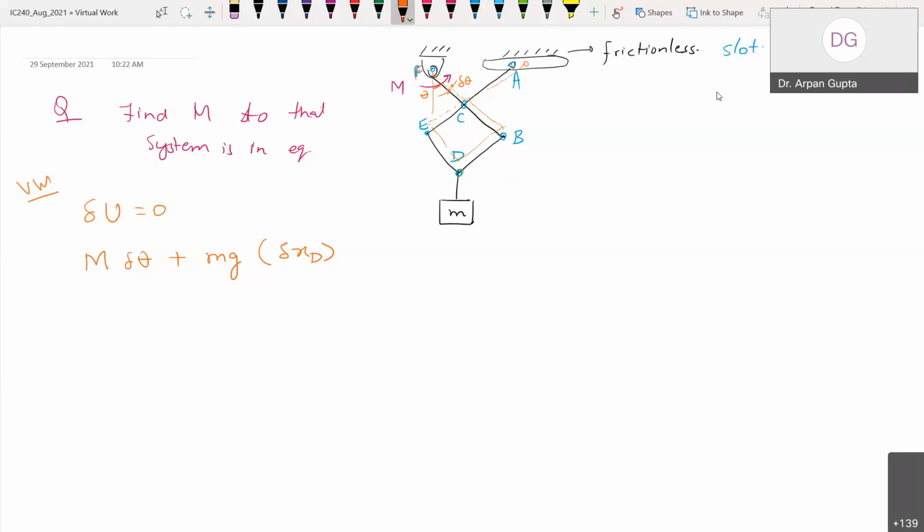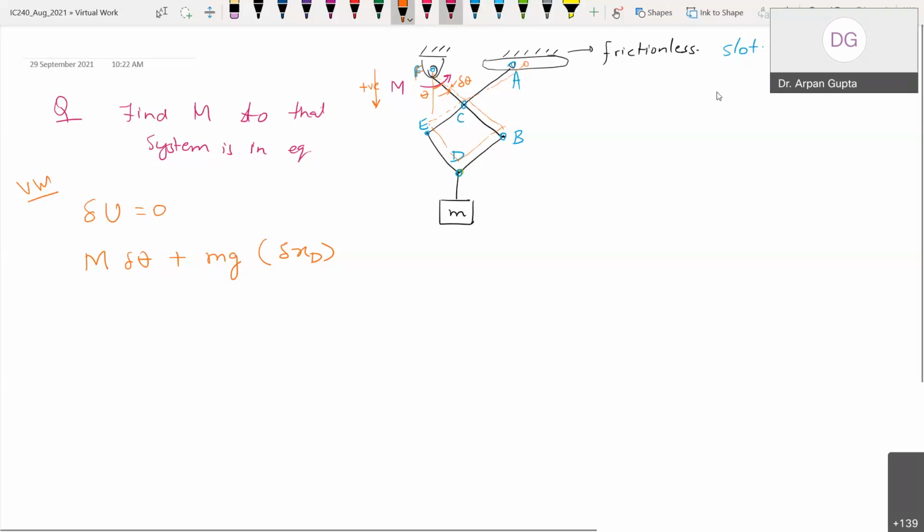Let us say we are assuming this direction as positive. So mg's direction we have assumed positive, and the displacement delta xD is in the same positive direction. So it's written like this.